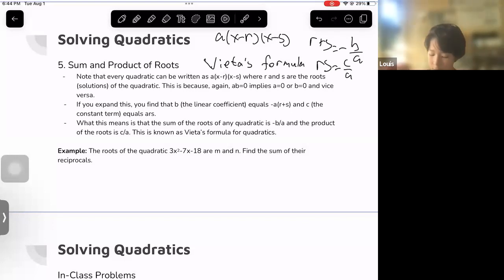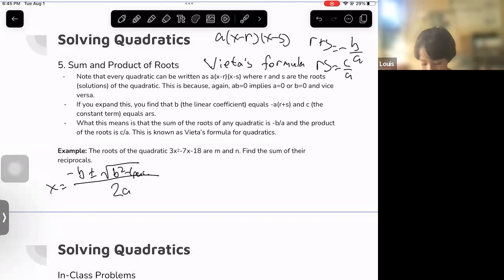And I have another way of deriving Vieta's formula, which is via the quadratic formula. So for the quadratic formula, we have that x equals negative b plus minus root of b squared minus 4ac over 2a. So suppose the roots are, say, x1 and x2.